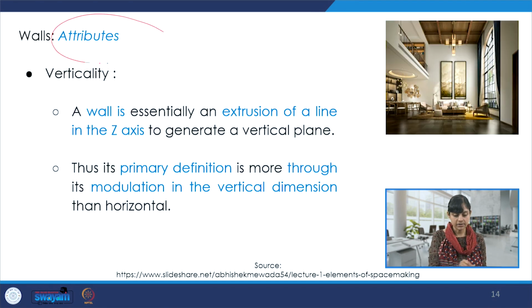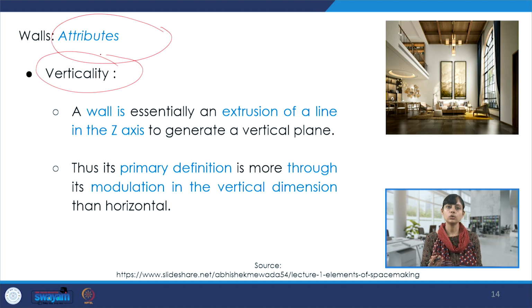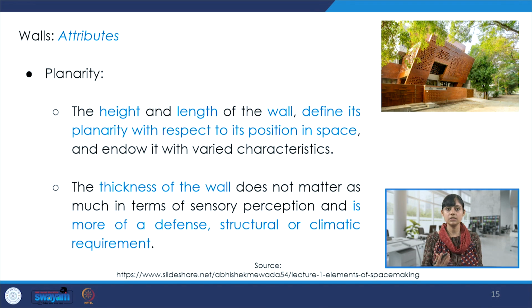If we talk about the attributes or characteristics, while talking about walls, an important attribute would be verticality. So a wall is an extrusion of a line in the z-axis, and its primary definition is through the modulation in the vertical dimension. We also see planarity. Now the height and length of a wall, they define the planarity with respect to its position in space. The thickness of the wall does not matter as much, at least in terms of sensory perception, but it is more of a defense, structural or climatic requirement.